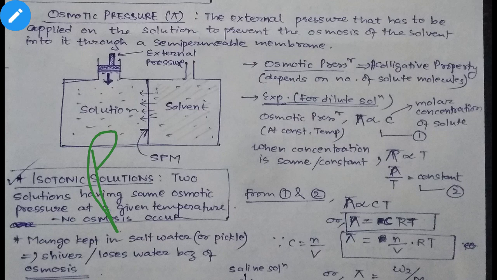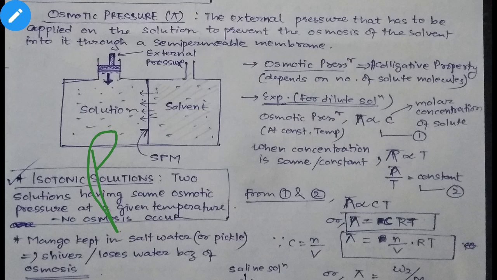Now what is it? It is the external pressure that has to be applied on the solution to prevent osmosis. So osmotic pressure is that excess pressure applied to the solution side so that the process of osmosis totally stops.